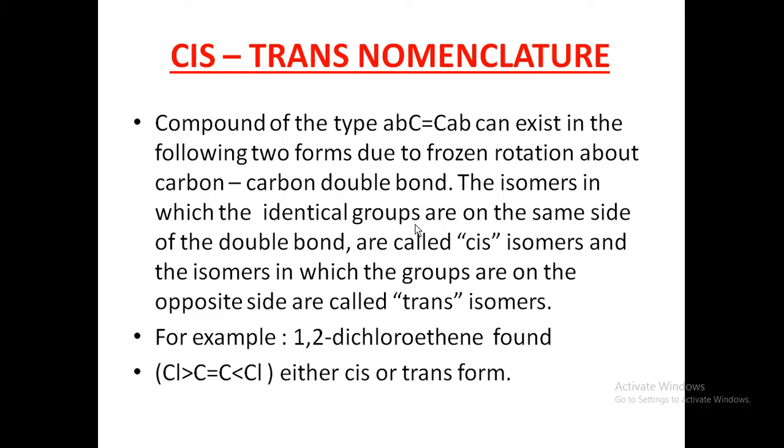When both the chlorine atoms on the doubly bonded carbon atoms remain on the same side of the double bond, that isomer is called the cis isomer. And when the chlorine atoms on both the doubly bonded carbon atoms remain on the opposite sides, these isomers are called trans isomers.